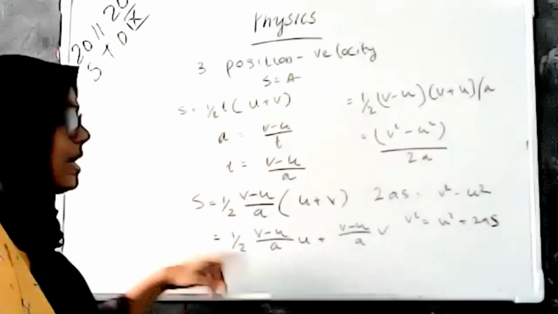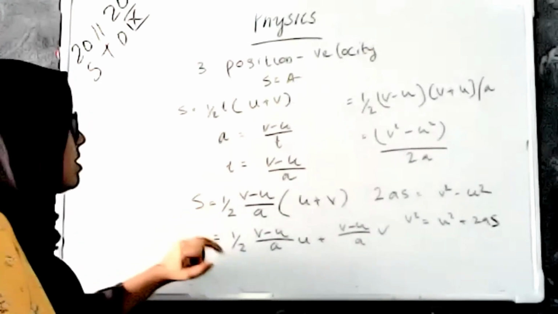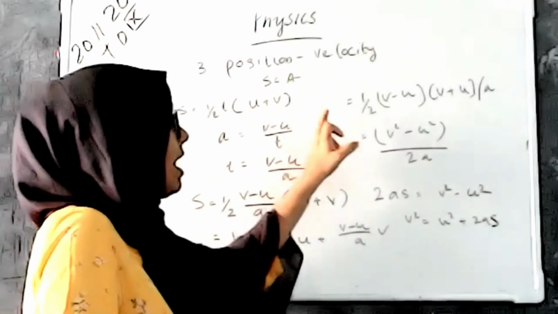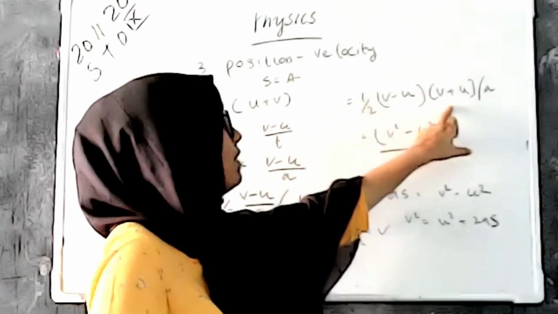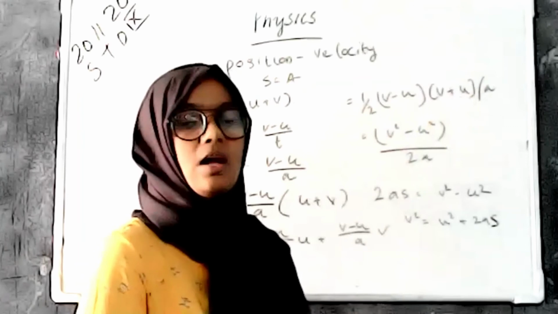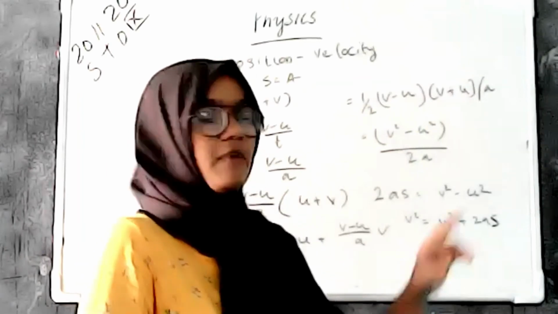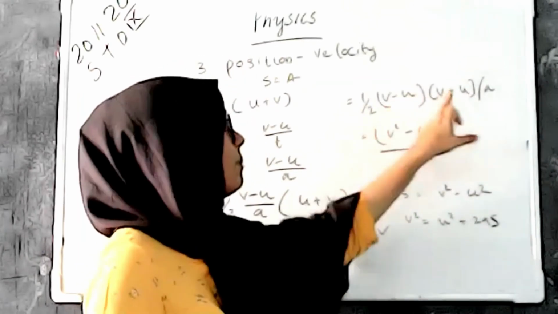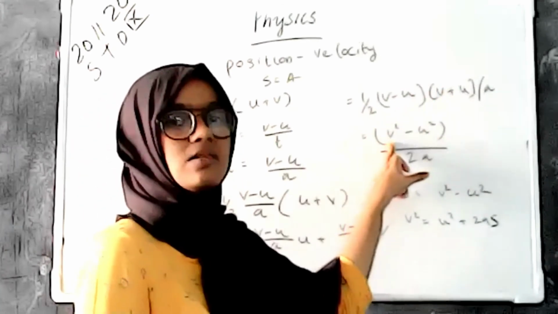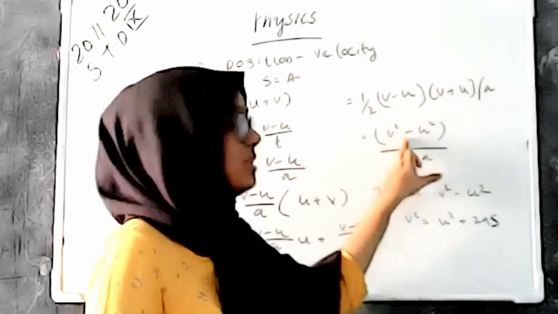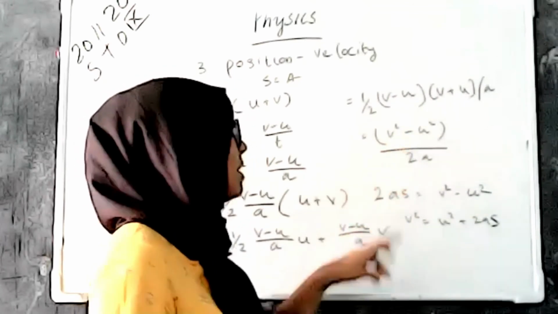That change is shown in these two steps, and we get half v minus u into v plus u divided by a. From the mathematical findings, instead of v minus u into v plus u, we derive v square minus u square.